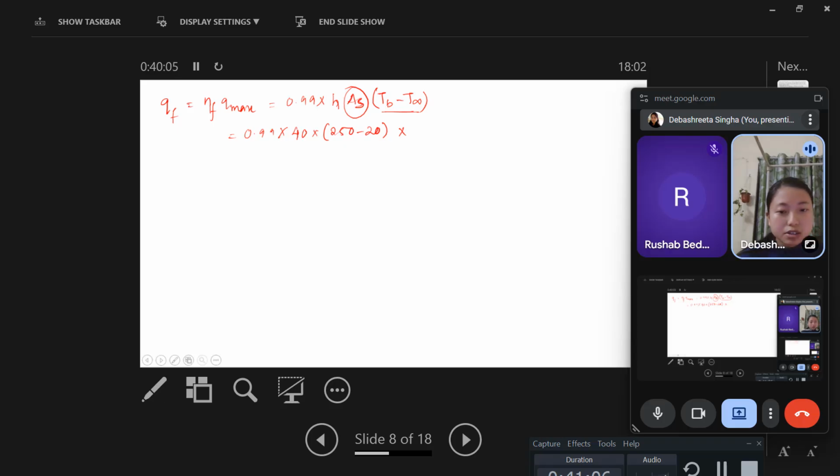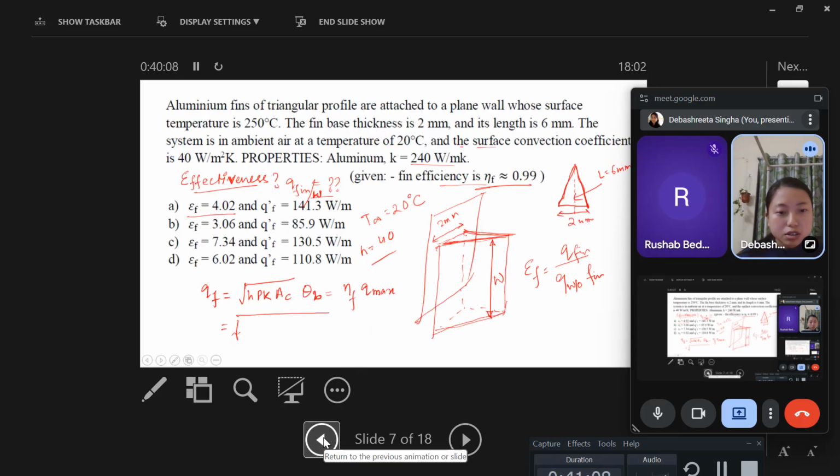So what does the surface area mean actually? Here, this area is considered to be very small compared to this area. So how do you find out? You can consider this as W, and you need this dimension.